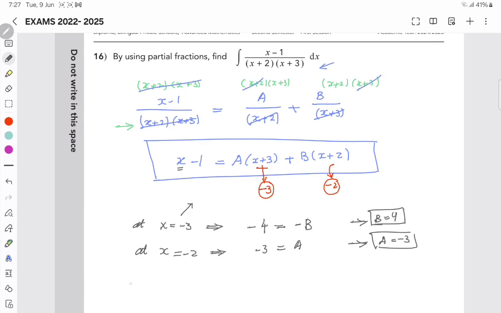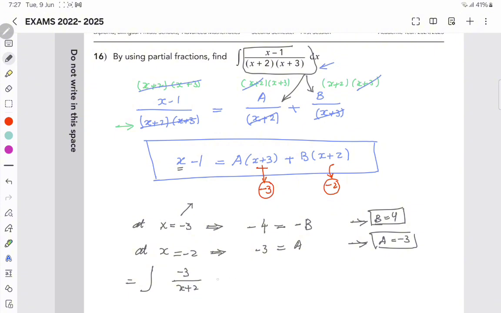Now we go back to our integral and substitute that fraction by its partial fractions. And don't forget that I will replace a and b by their values. So the first one has the value of a, negative 3 over x plus 2.